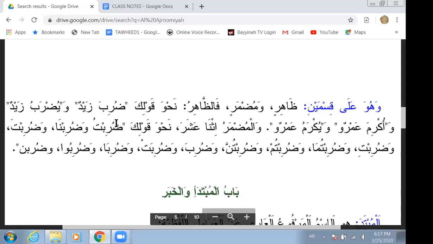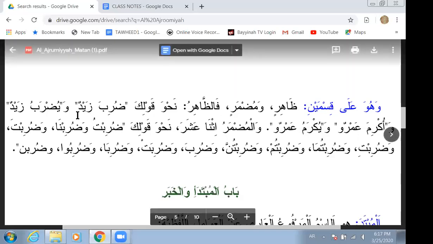The first example, Duriba. For this we know what they said, that if it is a past tense, then the first letter will take a dhamma and the second last, which is a ra, will take a kasra. So dhamma and the kasra shows that this is past, or the madi majhul. And after that we see Zaidun in the rafa status, so this becomes a naibul fa'il for it.